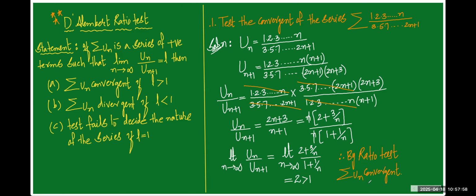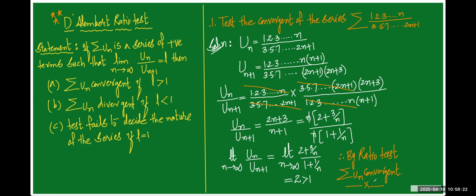That's the end of this. There is a possibility that the test fails, and we can see that situation also where the test fails. I will take some problems where there is a possibility that the test can fail.